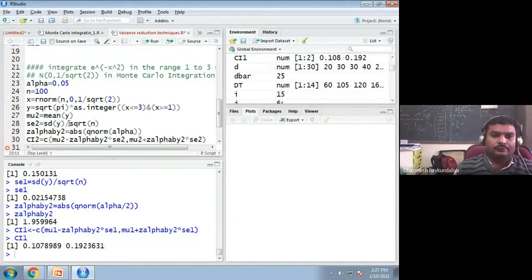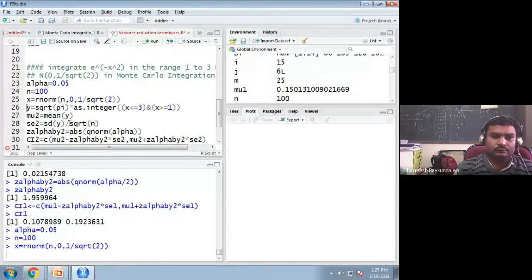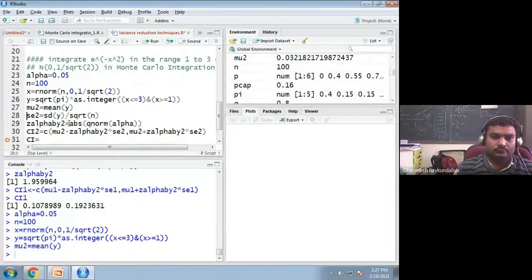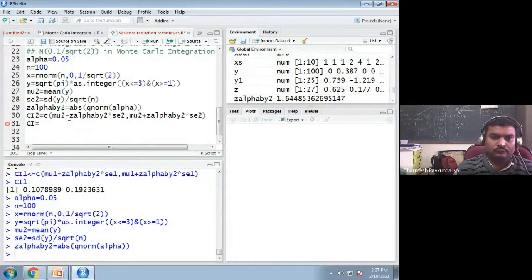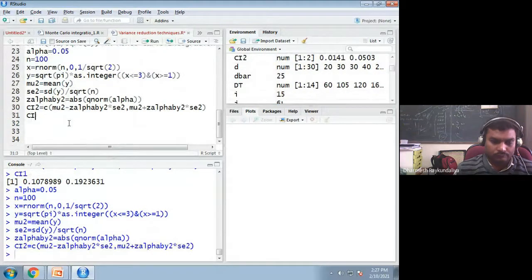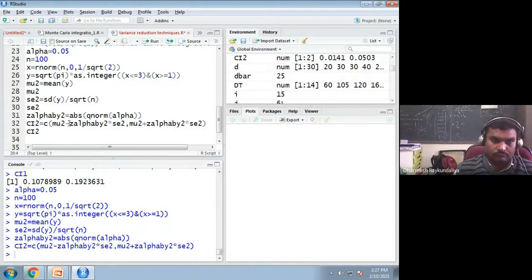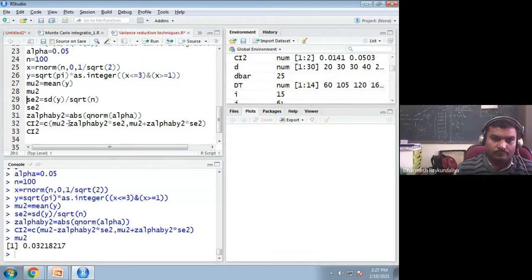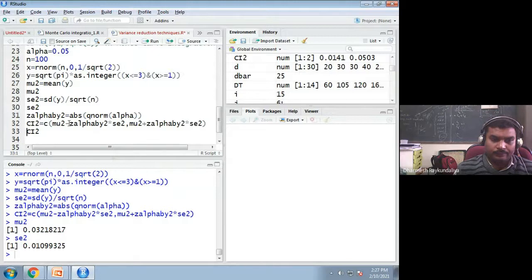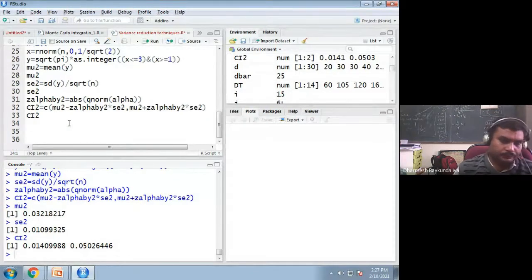Let us check. Mu is 0.03, SE2 is 0.01, and CI2 is this. So is it correct, or have we made any mistake?